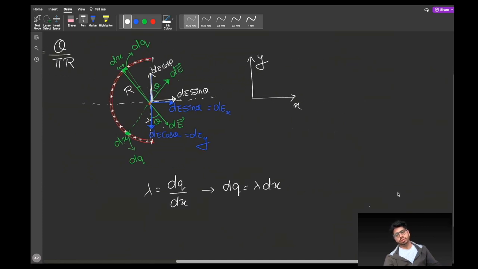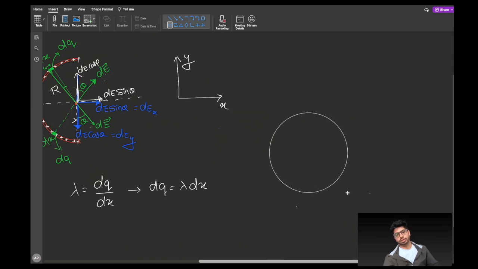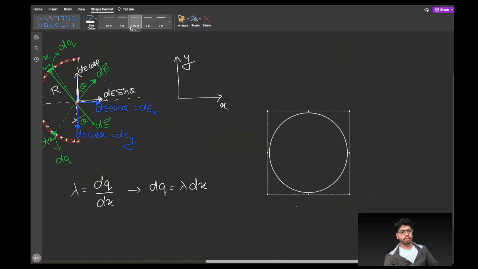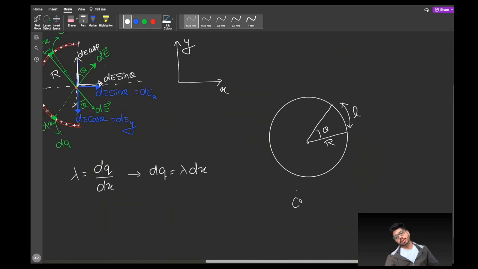For this, you can apply the concept that if you have a circular arc, with the center put here, I think we are aware of that: if theta is in radians, the arc length is going to be defined like this, L by R.